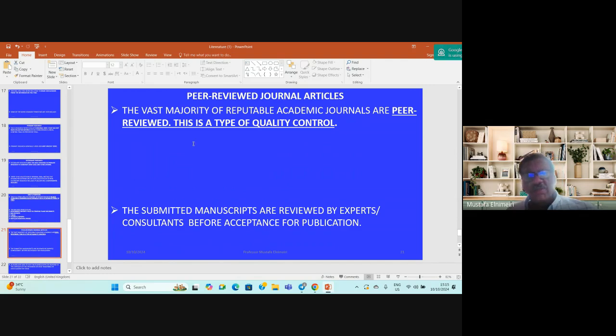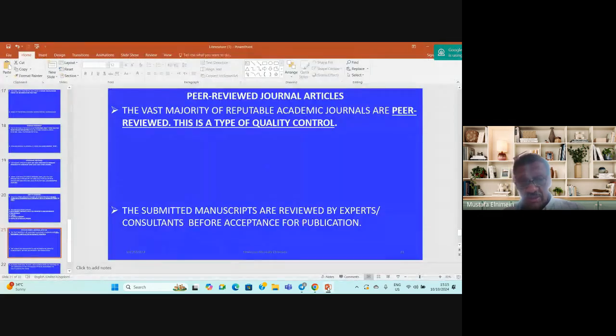A few words about peer-reviewed journals. The vast majority of reputable academic journals are peer-reviewed, and this is a type of quality control process in which the submitted manuscripts are reviewed by experts or consultants in the field, so that they will give their comments and their critiques for the authors.